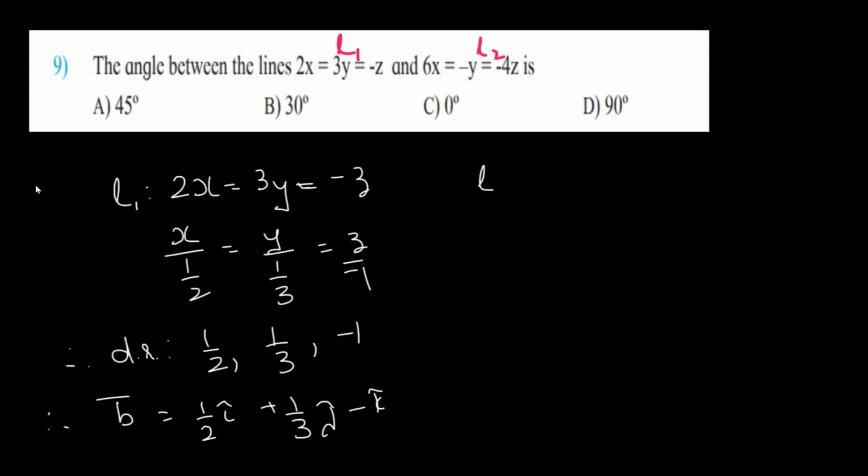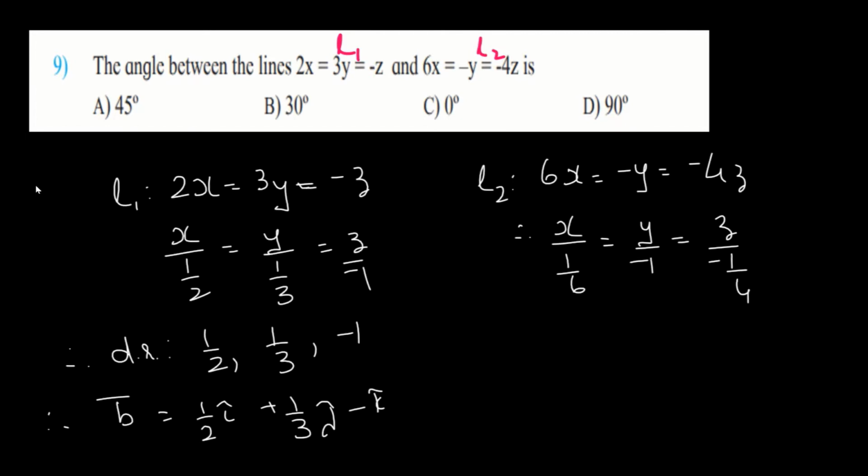Similarly, for the next line, that is L2, the equation is 6x is equal to minus y is equal to minus 4z. And therefore, it can be written as x upon 1 upon 6 is equal to y upon minus 1 is equal to z upon minus 1 upon 4.